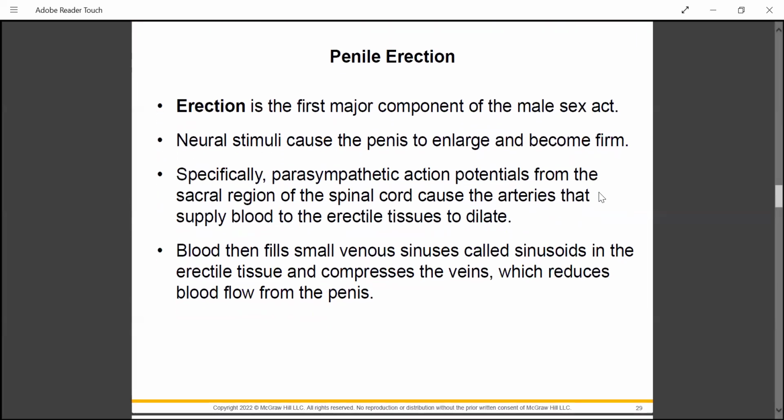So erection is our first major component. Initially, it's a neural stimuli that's going to cause the penis to enlarge, and eventually we will get input from the parasympathetic nervous system that allows the arteries to vasodilate, and that'll allow blood to flow into the penile tissue.